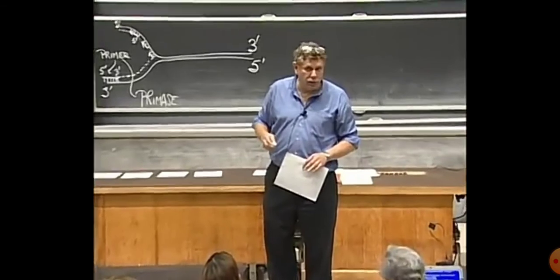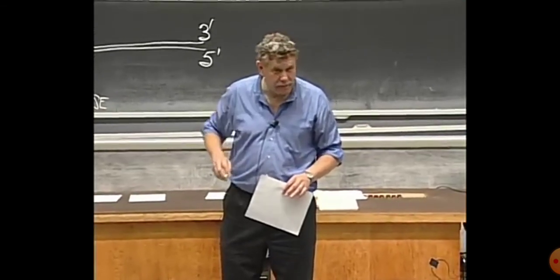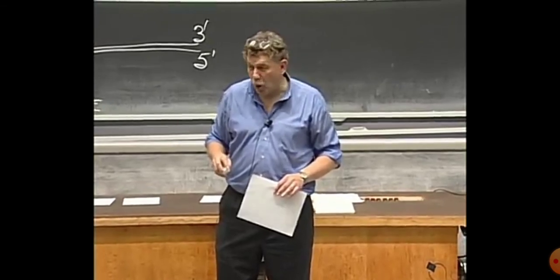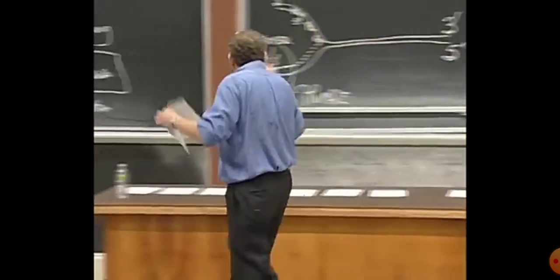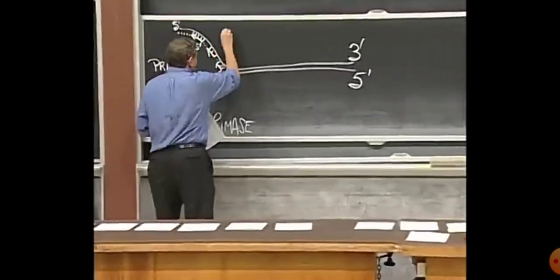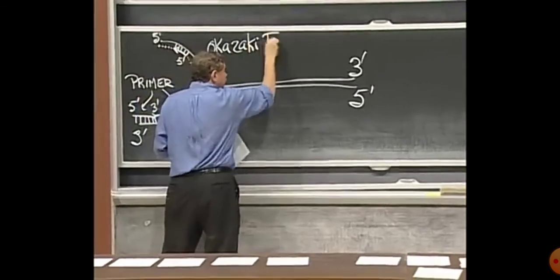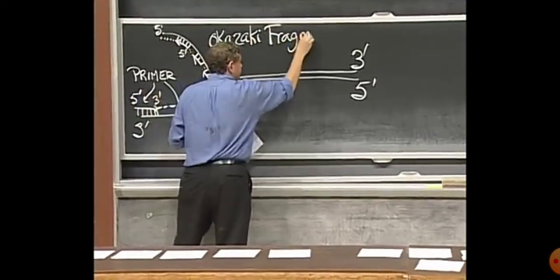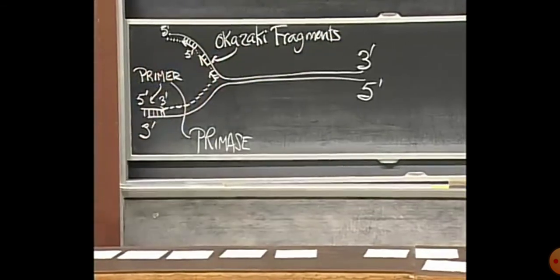Those little fragments were discovered by Okazaki, and they are called Okazaki fragments. Again, I just mention these things. They are known to molecular biologists, and they tell you that you're on the right track. This is indeed how it's working. You can see those little fragments there.